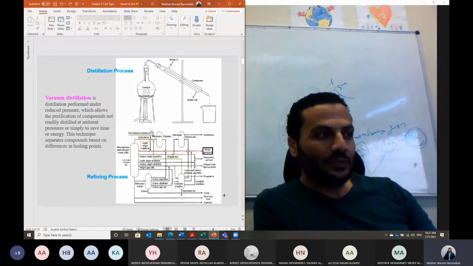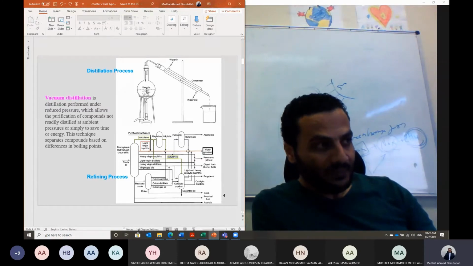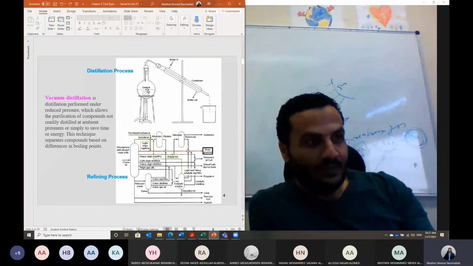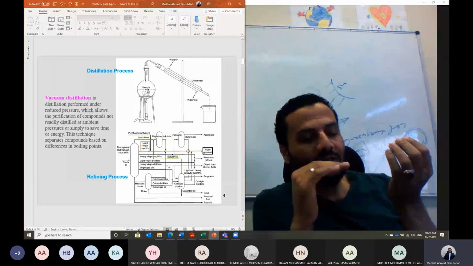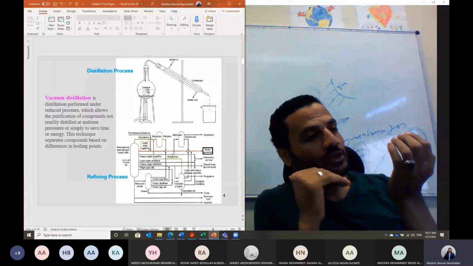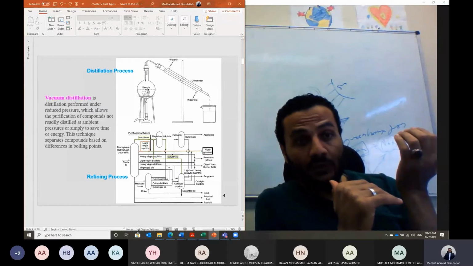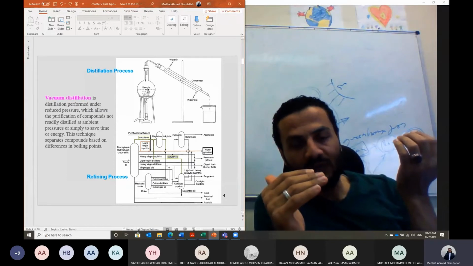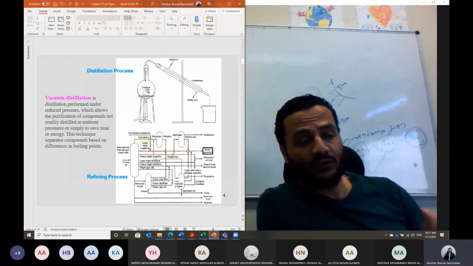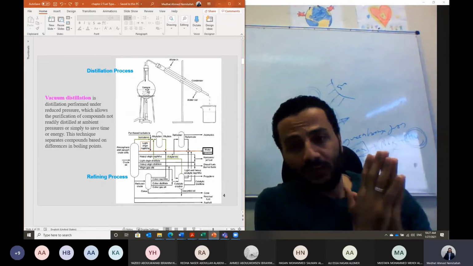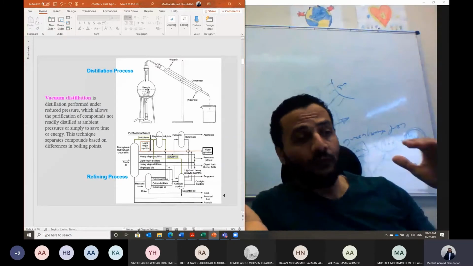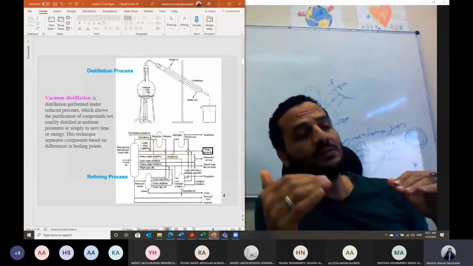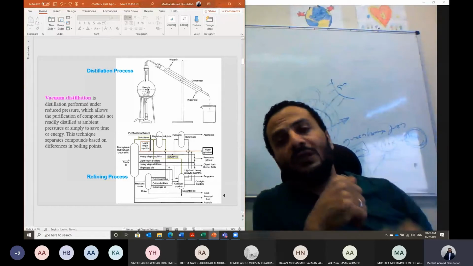So here, Shabab, we create this vacuum because creating a vacuum should reduce the temperature at which a liquid can be converted to the vapor phase. Like water: at atmospheric pressure, it boils at 100 degrees C. But if we reduce the pressure of the water, it will boil at a lower temperature.